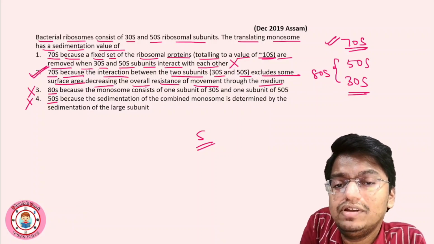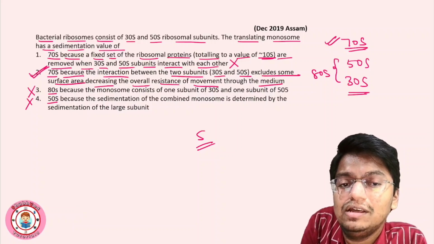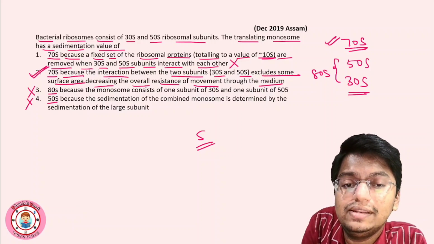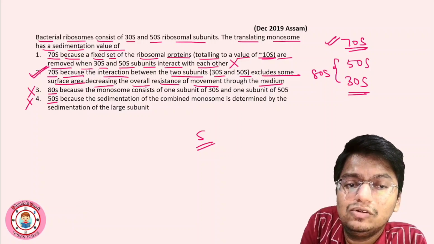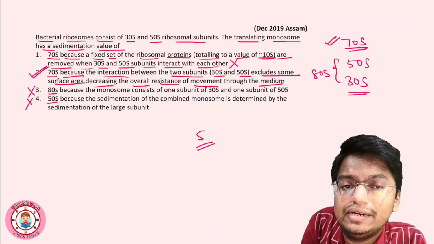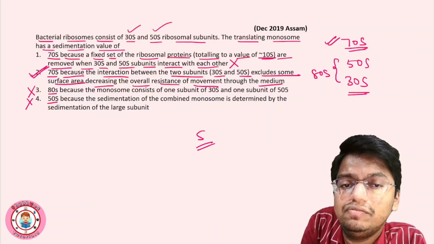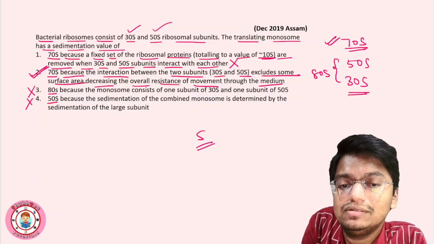Meaning they exclude, avoid surface area, and because of that the overall resistance decreases, right? So this is a proper statement, the reason why 70S is the bacterial ribosome consisting of 30S and 50S subunits. Alright, so there is a case of surface area. You should remember this. Alright.